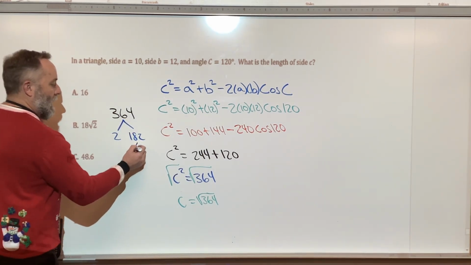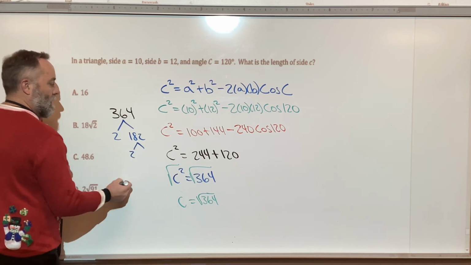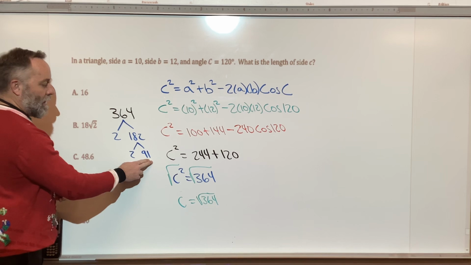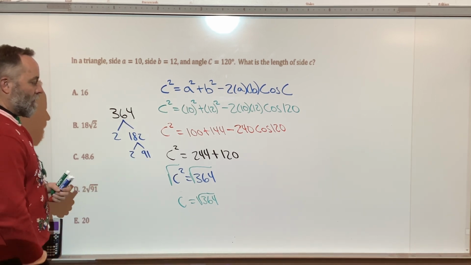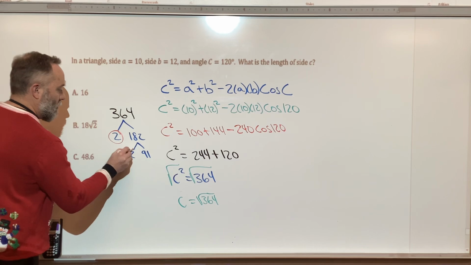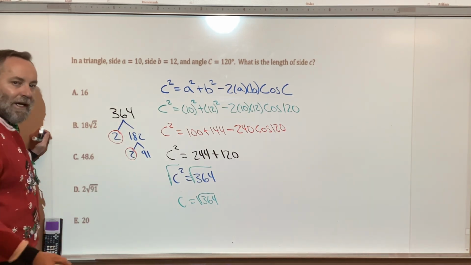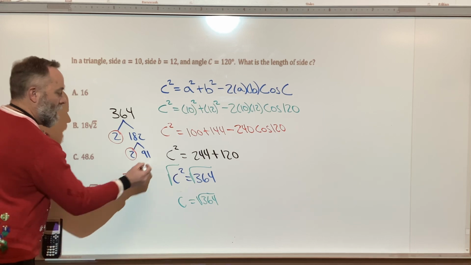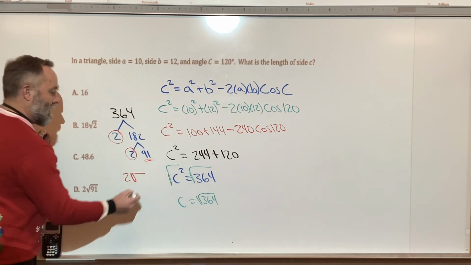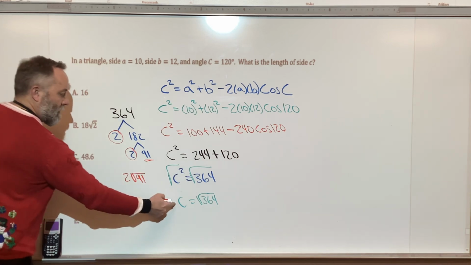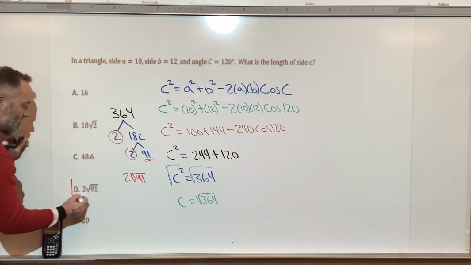And then divide that again, because it's an even number, and it's 2 and 91. And pretty quickly we see that 91 is a prime number. So we have a paired up factor of 2's, which means they can come outside the radical. So it becomes 2 on the outside of the radical, and what's left inside is that 91, and we can find that answer for side C in choice D.